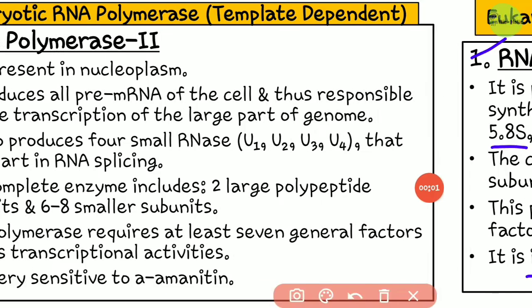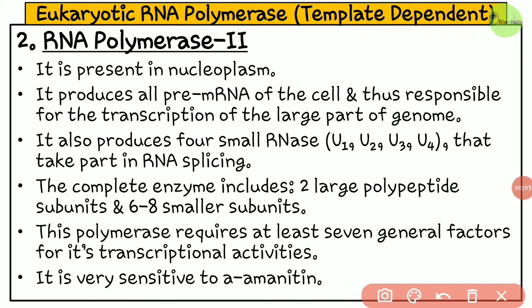Now the second template dependent RNA polymerase is RNA polymerase 2, which is present in the nucleoplasm but not in the nucleolus. Okay, it produces all pre-mRNAs of the cell, and that's why it is very important and responsible for the transcription of a large part of the genome.